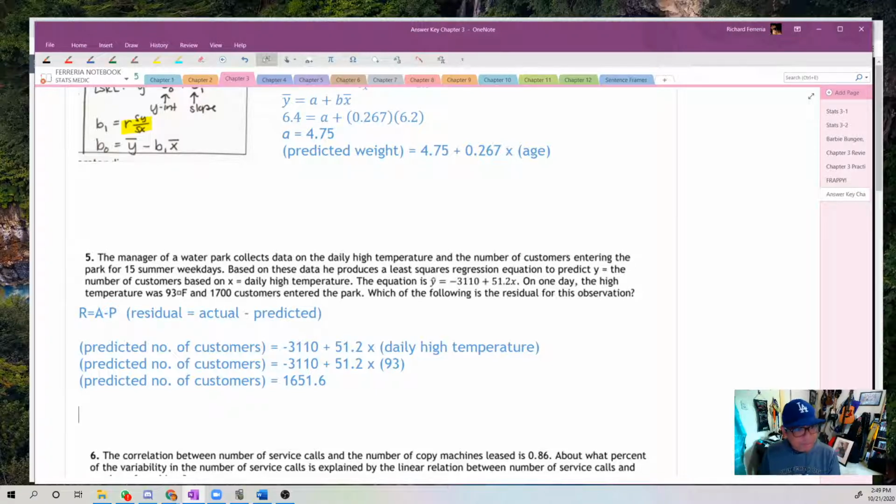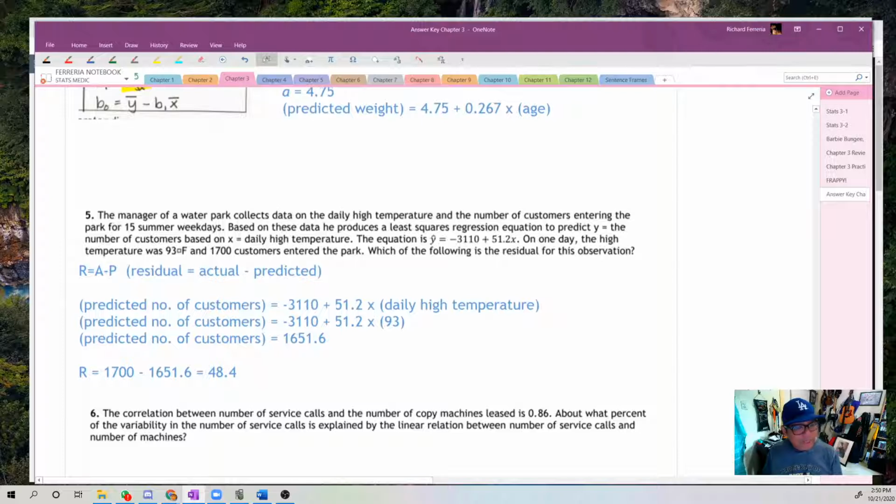So now we're going to substitute the predicted and the actual into our equation. We have 1,700 people actually entered the park. We predicted 1,651.6. So our residual here is 48.4. A few things that you can tell.